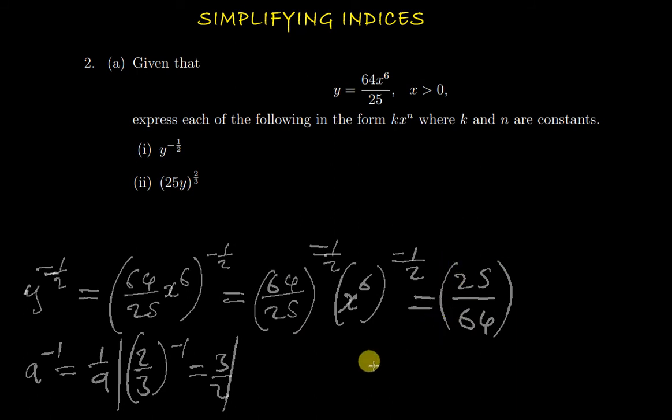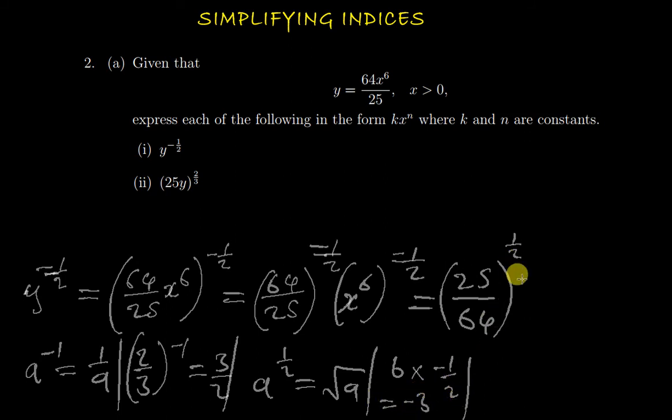Then you remember also that I said a raised to the power half is just the same as the square root of a. So if we raise this to the power half, it's just the same as finding the square root of everything there. Then here we just multiply 6 times negative half, which is simply negative 3.